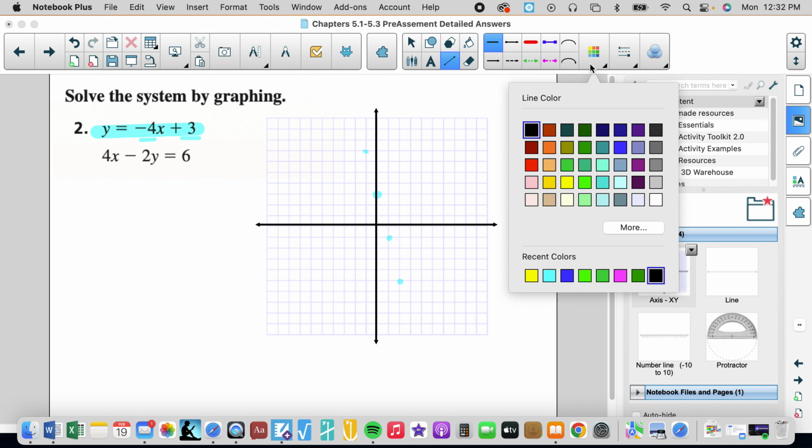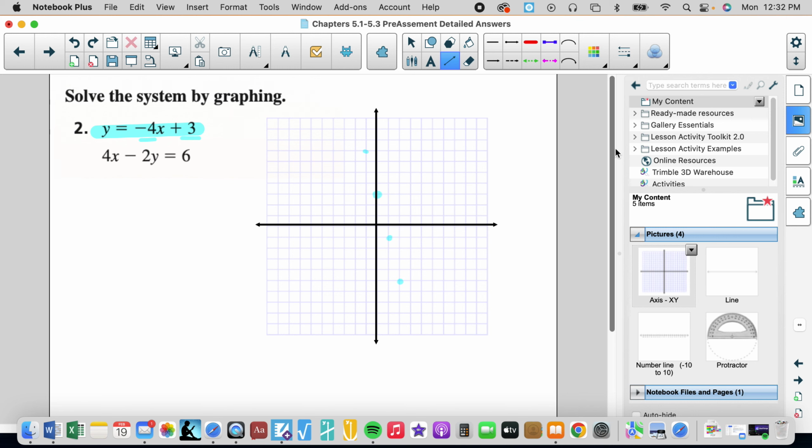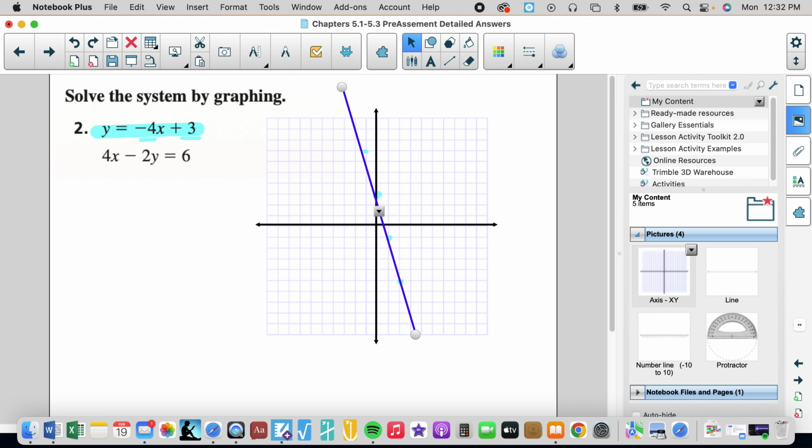Taking that time to go in both directions helps you. It saves you time later on. So we know what the slope is. We can extrapolate it out.